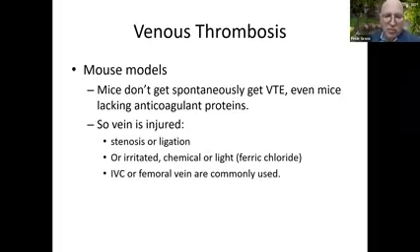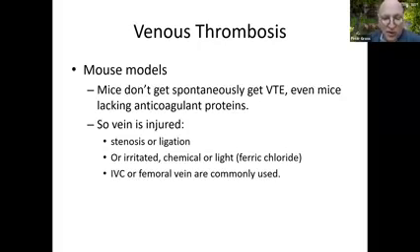So the only way we can study it is by doing something. So the vein has to be injured in some way. So we choose a vein like the inferior vena cava or the femoral vein, which are commonly used, and then we do something to them. Scientists have come up with these things, and I like some more than others.